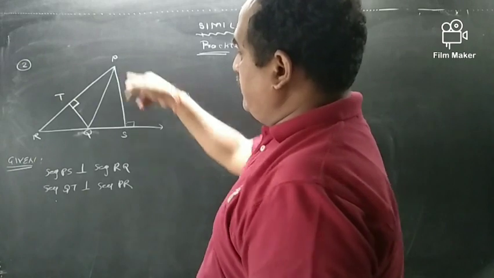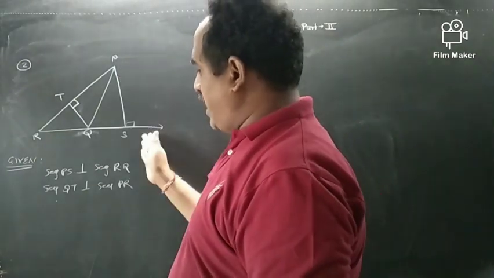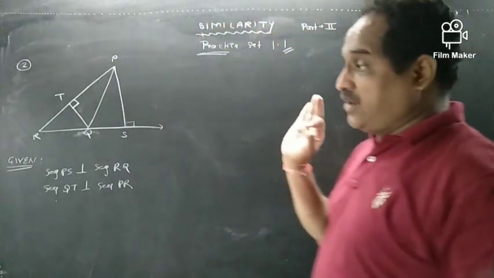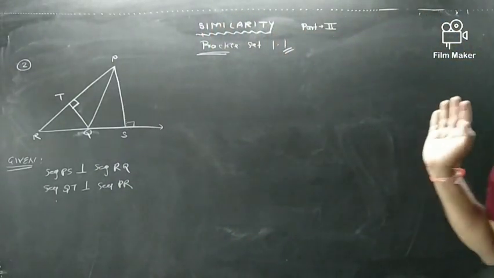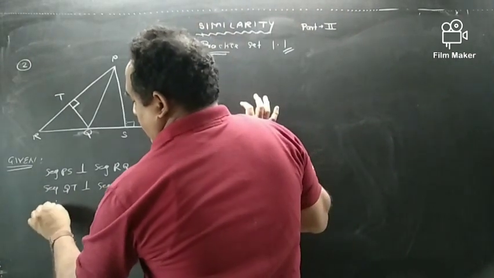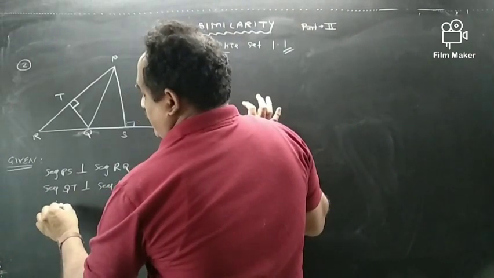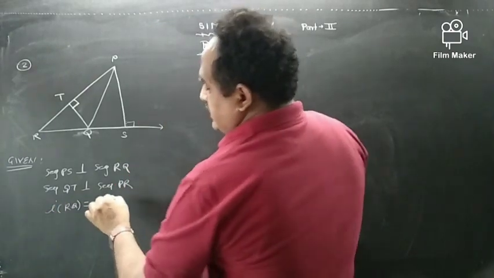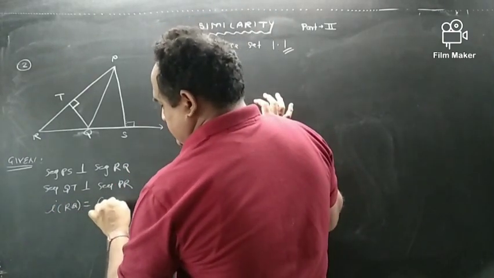And the value is segment length RQ is 6 units.